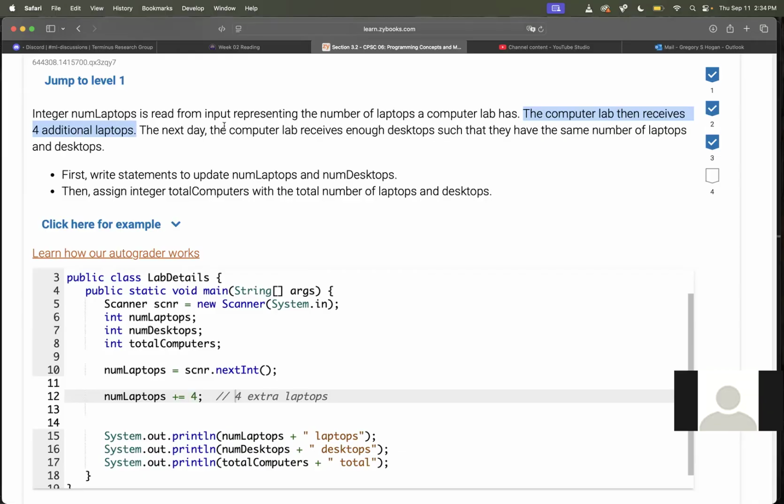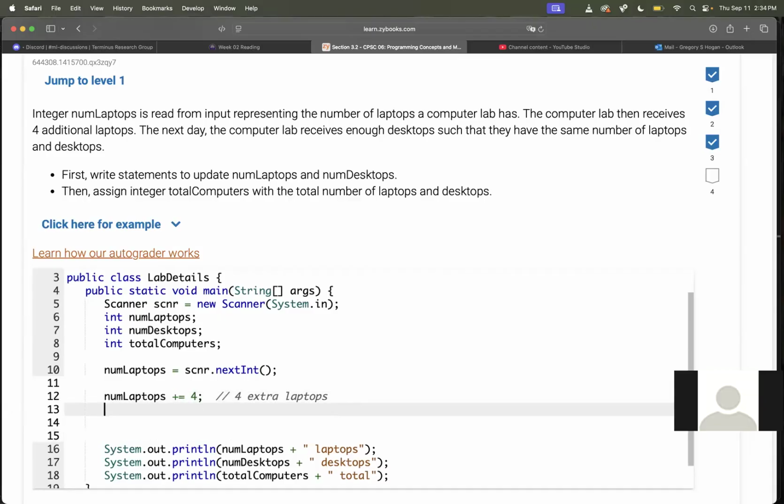What we have next is the computer lab receives enough desktops so that they have the same number of laptops and desktops. So what we need is the number of desktops, num desktops. We're supposed to have the same number of laptops and desktops, so the number of desktops should be equal to the number of laptops, right?